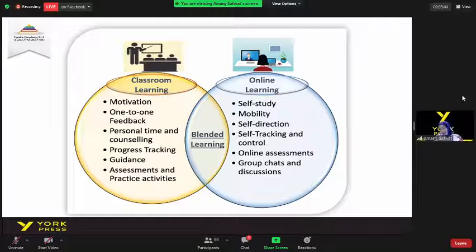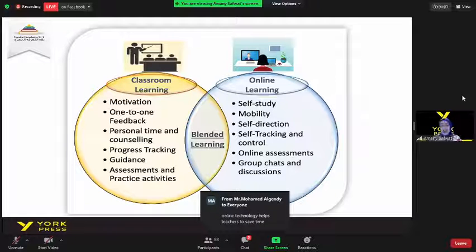For online learning, there are many benefits as well, and there are many characteristics. So it gives the students the ability to self-study. It gives them the chance to practice mobility. You can move from here and there while you are studying. And also it's very important for self-direction.